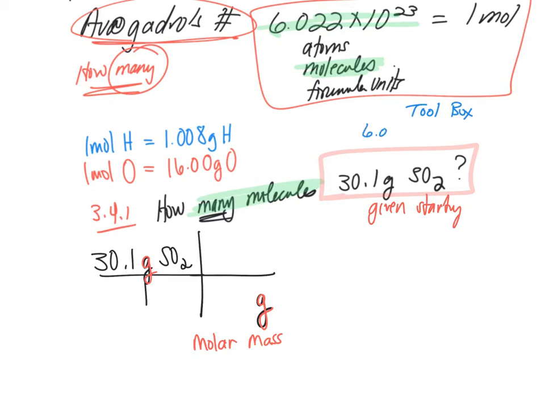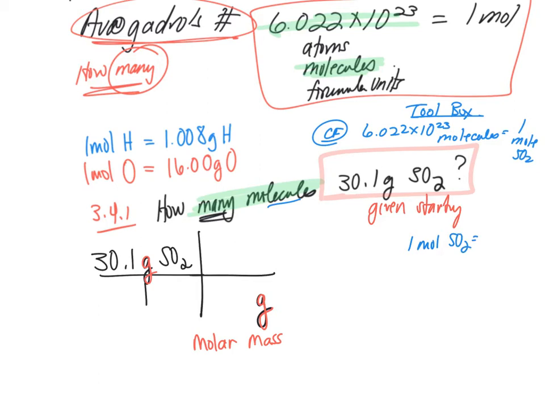So 6.022 times 10 to the 23rd molecules equals 1 mole of SO2. And then the other conversion factor that you're going to need is molar mass. And for 1 mole of SO2, you know molar mass, we've done this, okay?